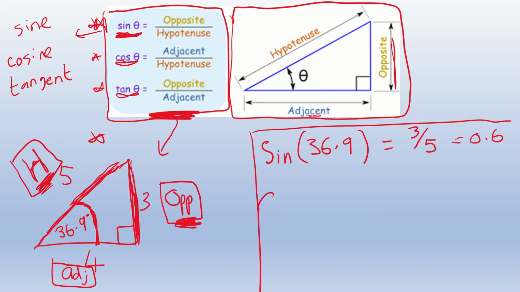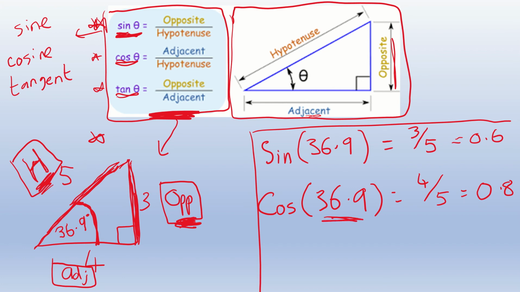If we look at cos of my angle, cos of 36.9 is going to be my adjacent over my hypotenuse. So my cos is my adjacent, which is 4, all over my hypotenuse, which is 5, and that's going to be 0.8. So that tells me that if I have a right angle triangle, and if one of my angles is 36.9 degrees, then the ratio between my adjacent side and my hypotenuse is going to be 0.8.